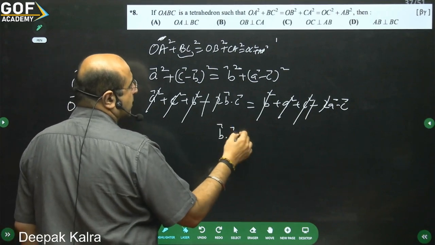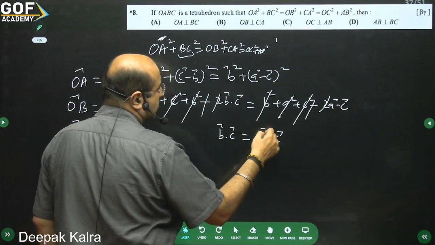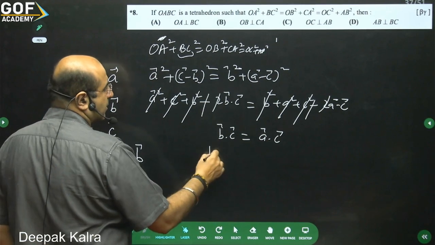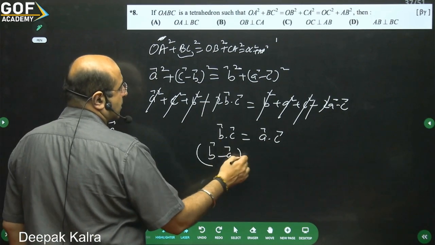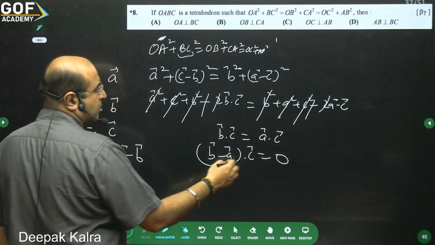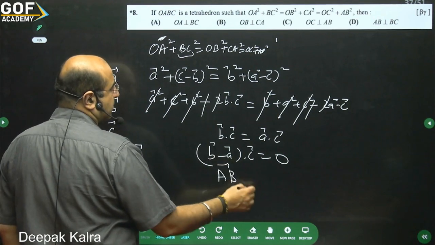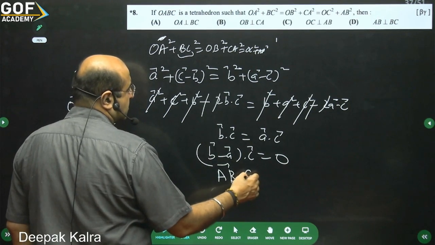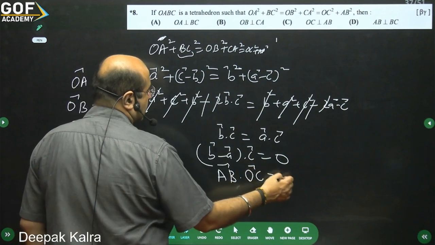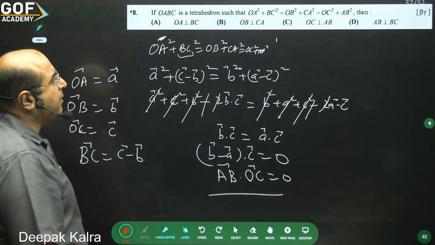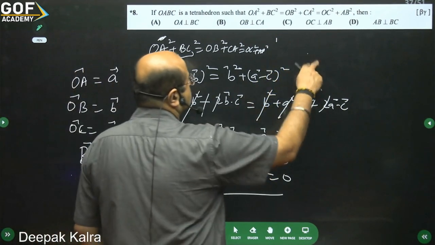B dot C equals A dot C. Take it here: B minus A dot C is equal to 0. B minus A is AB, dot C is OC. So AB is perpendicular to OC, coming as one answer.